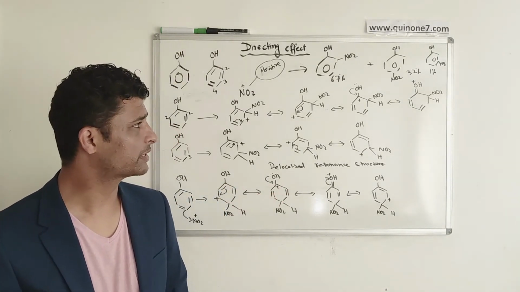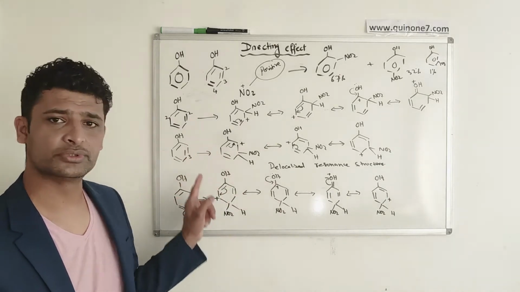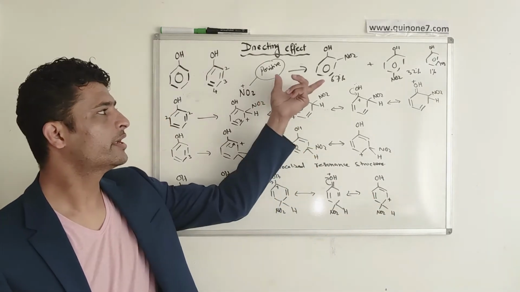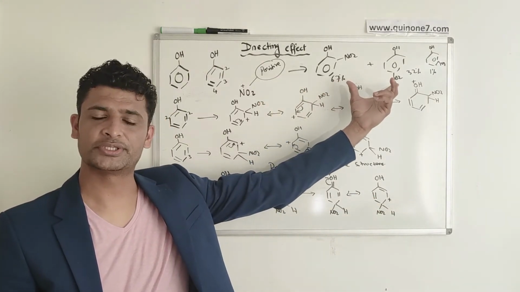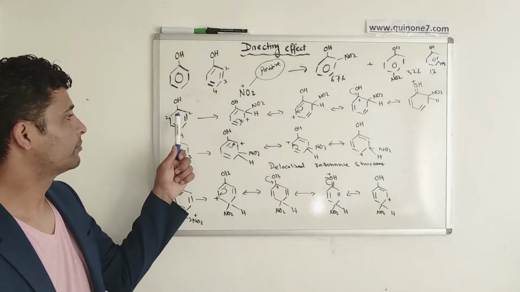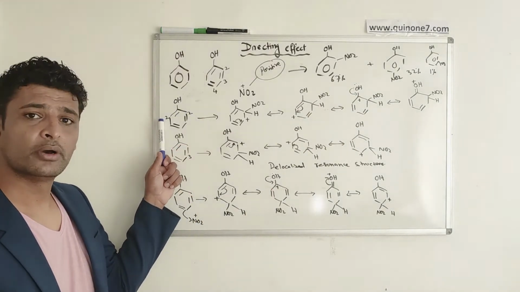Now you must be thinking that if they both produce the same number of resonance structures, then why is there a difference of concentration in the product? The answer is there are two ortho positions.